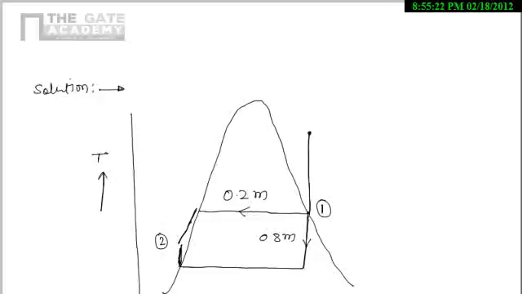The total water is 0.8 m, and due to the feed water heater, 0.2 m of steam is coming and 0.8 m of water is coming here, and then the final water at stage 3 leaves the feed water heater.